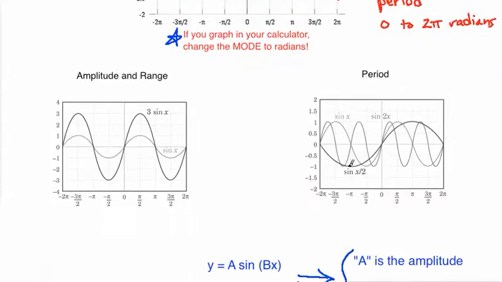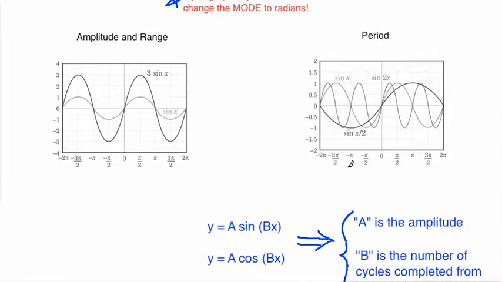As you change the graph that you're looking at, you also change the graph. If you have a graph and you put different numbers for A and B, A is the amplitude. Now the amplitude is half of the range, and the range is from the very highest point to the very lowest point.